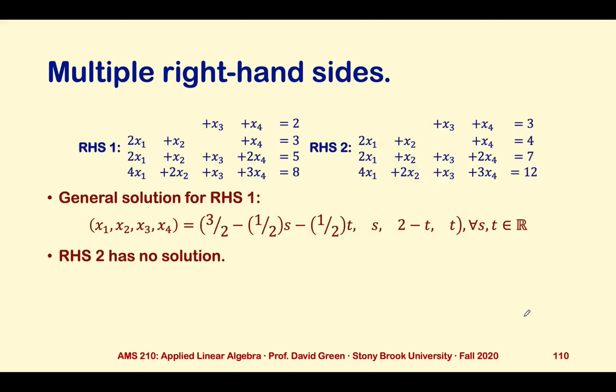In summary, this system with two right-hand sides has two very different results. Right-hand side 2 has no solution. It's an inconsistent system, whereas right-hand side 1 has multiple solutions that we can write in parametric form.